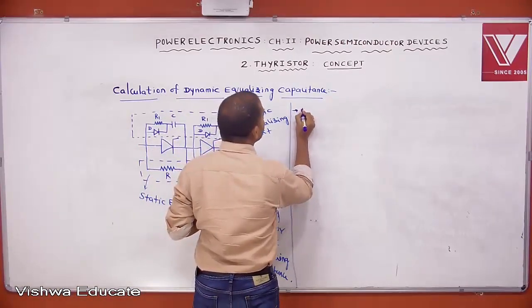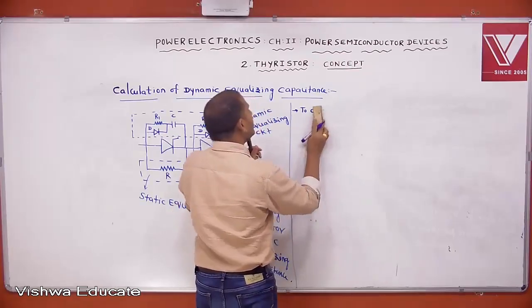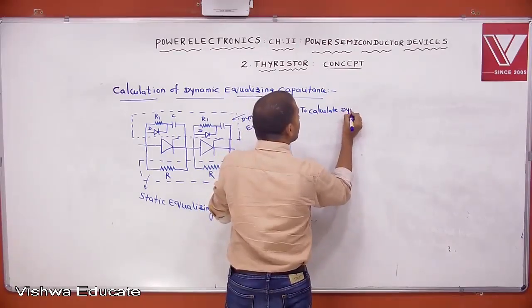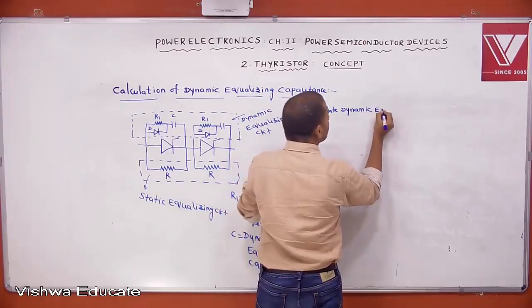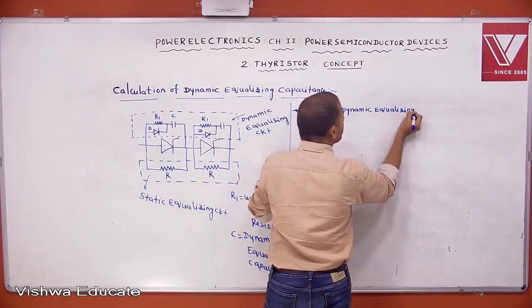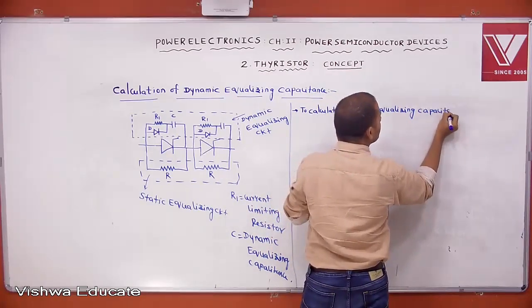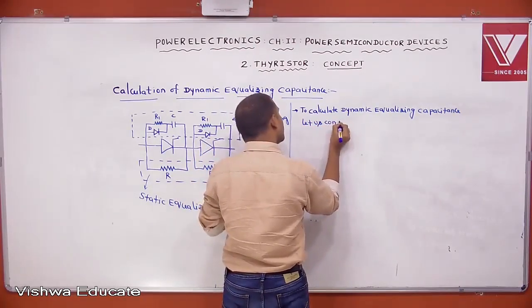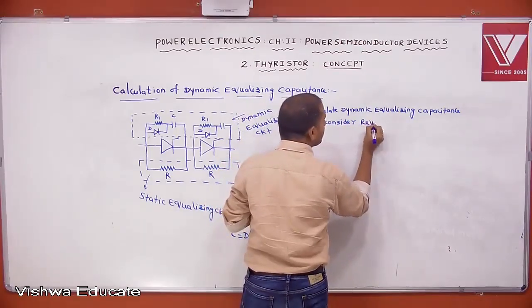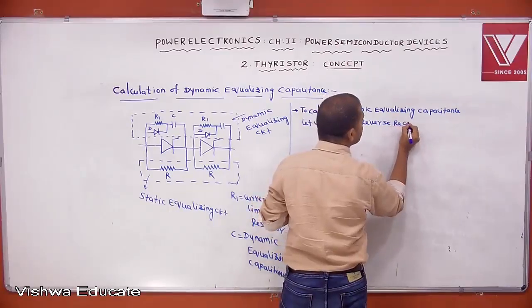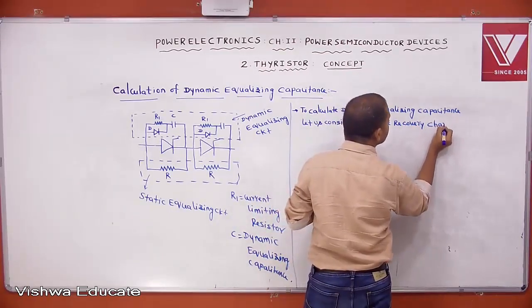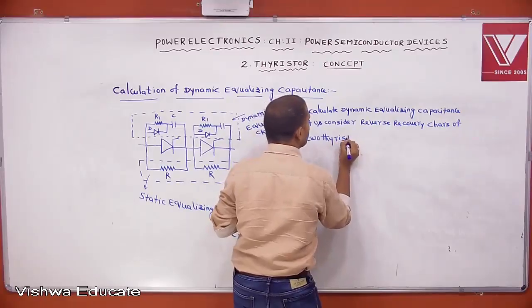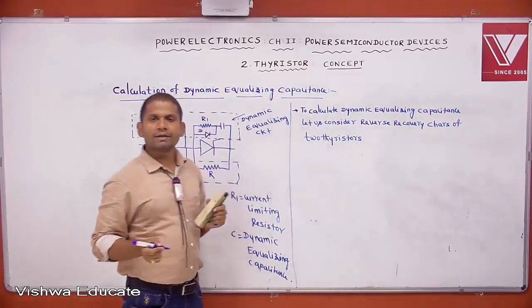To calculate dynamic equalizing capacitance, let us consider the reverse recovery characteristics of two thyristors.